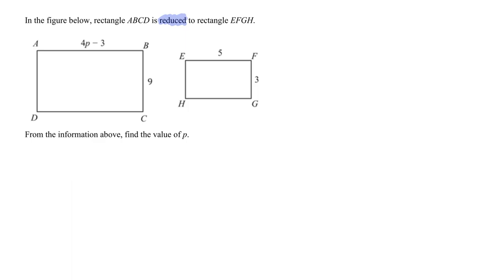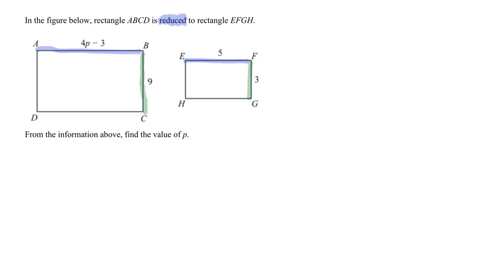And so the corresponding proportion, meaning AB divided by EF, that proportion is the same as 9 divided by 3, BC divided by FG.